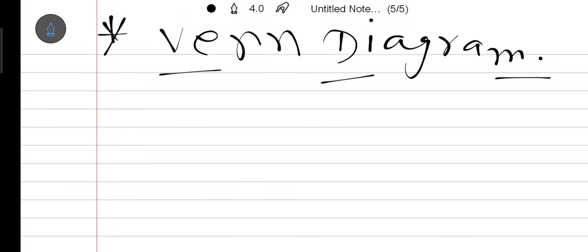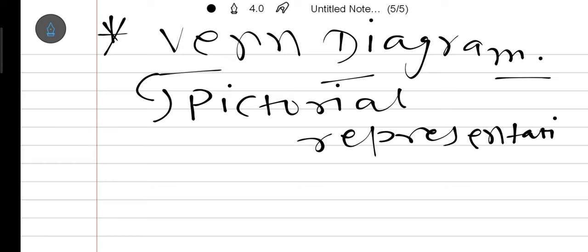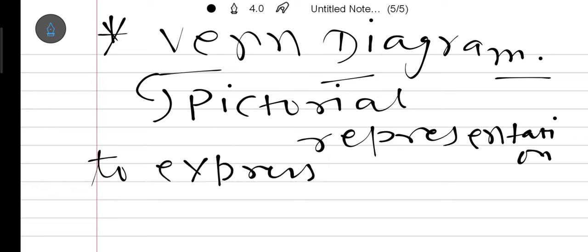A Venn diagram is a type of pictorial representation to express the relation among two or three sets. It is a pictorial representation to express relation among sets.